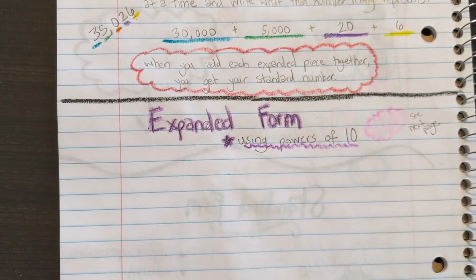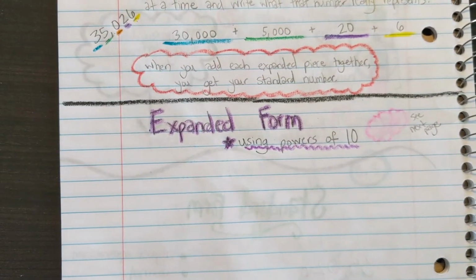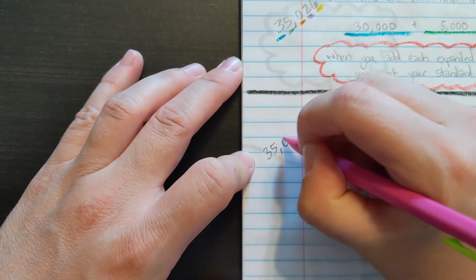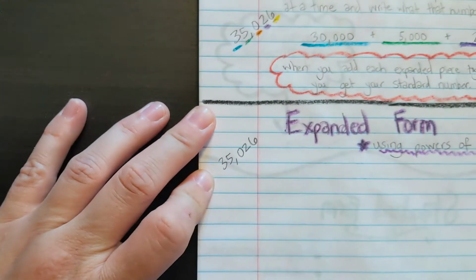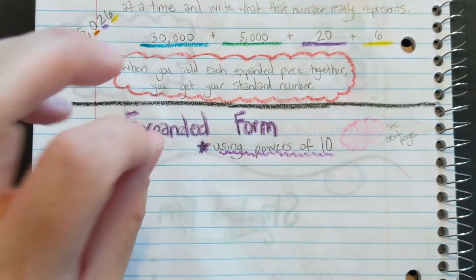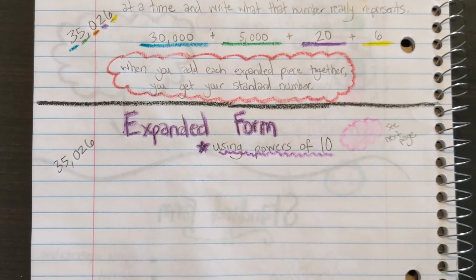But what this is doing, let's go back to our different forms of numbers. Remember, we're going to use that same number. So let's write it off here to the side, 35,026. What this is doing is it's going to be very similar to expanded form where you're going to break the number apart and you're going to pull each digit. But this time you have to multiply it.